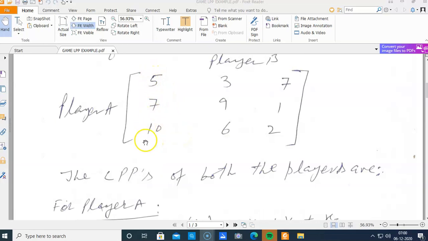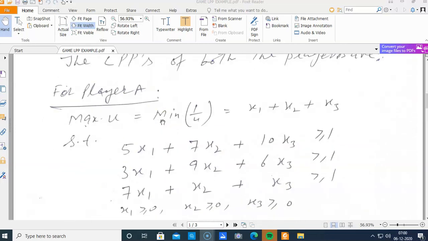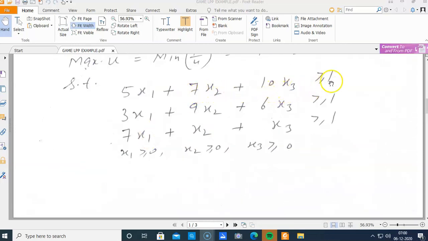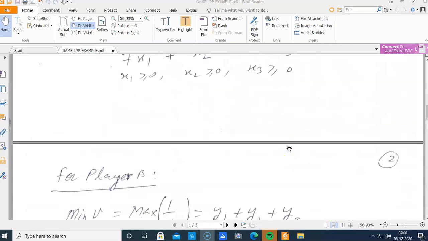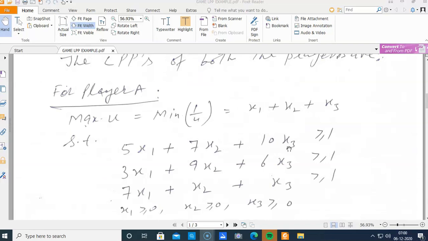Whenever you write the constraints for B, the coefficients will be row wise. This is the formula that we have learned in the previous class. So 5x1, 7x2, 10x3 greater than or equal to 1, similarly these three constraints, and x1, x2, x3 greater than or equal to 0, where the xi's are nothing but pi's upon U. We have also learned this in the previous class.